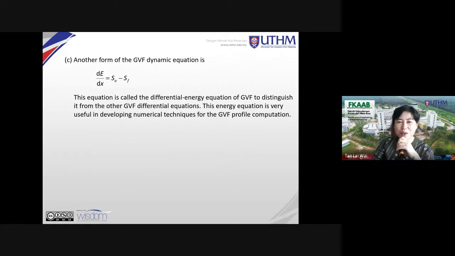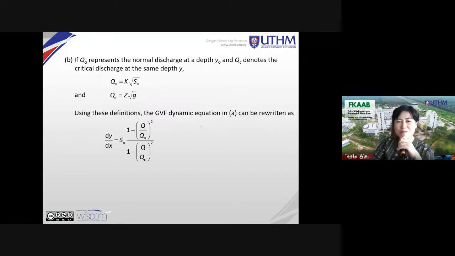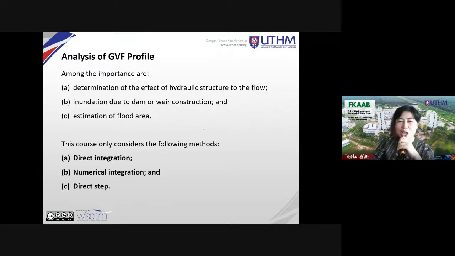Another form of the gradually varied flow dynamic equation would be this. Here, we look at the change in specific energy with respect to the change in distance. So it's just S naught minus Sf. We have so many dynamic equations, but we are going to look at only three, which are direct integration, numerical integration, and direct step.